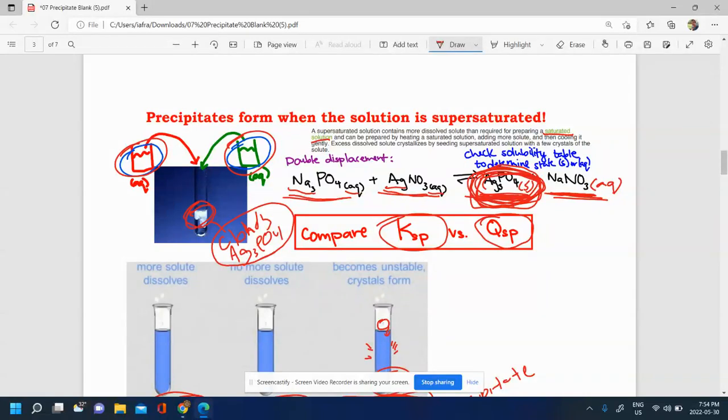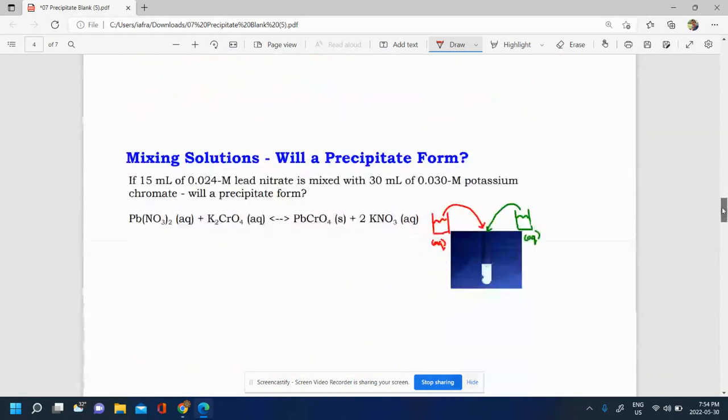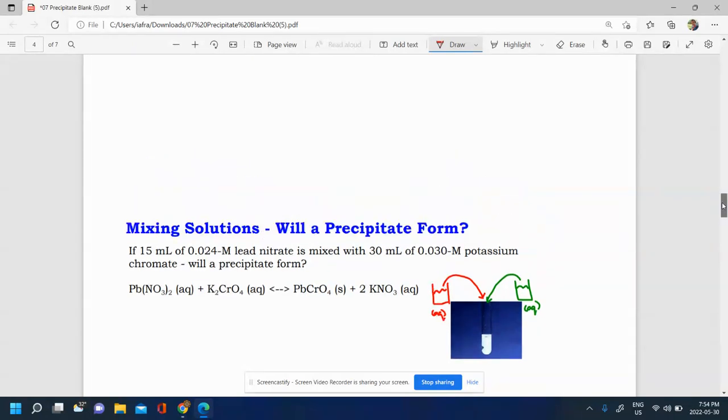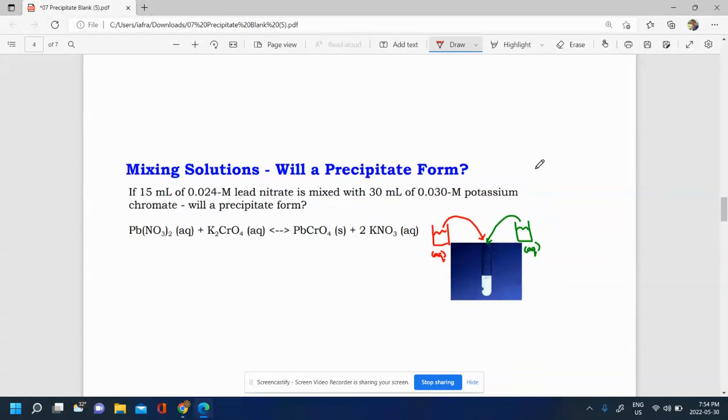It is possible that it stays dissolved, but as soon as you reach a certain concentration that allows your QSP to be greater than your KSP, then it will undissolve. It will precipitate and form a solid and come out of the solution. Our goal for the next few questions is to compare QSP and KSP to predict if a precipitate will actually form in the given scenarios with the given concentrations.